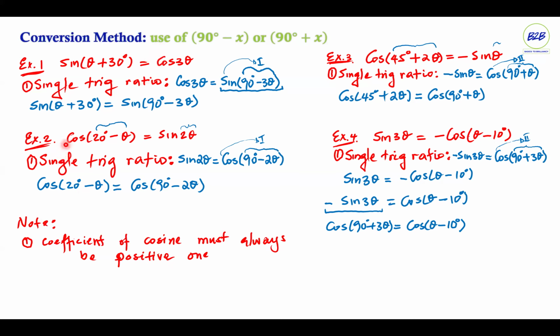You saw in example 2, the coefficient of cosine was +1. You saw in example 3, the coefficient of x was +1. You saw in example 4 that the coefficient of x was -1, but we then multiplied both sides of the equation by -1 to remove this negative, so that our coefficient of x is then +1. So keep that in mind.